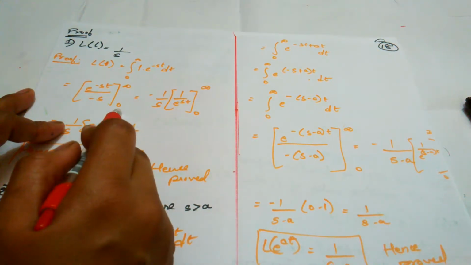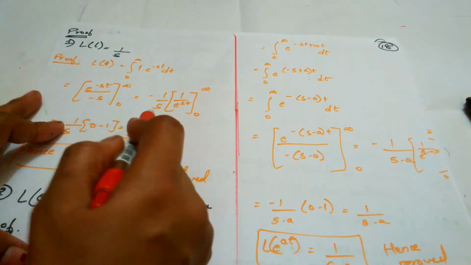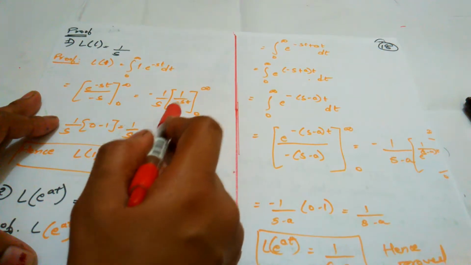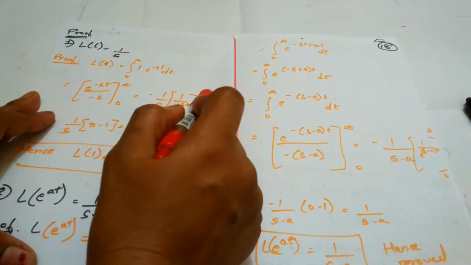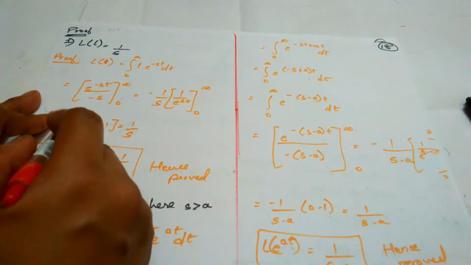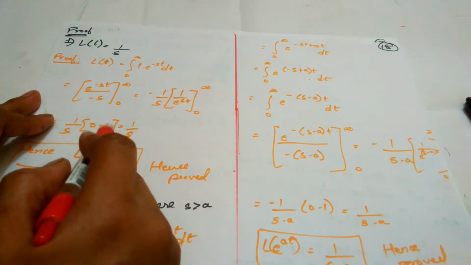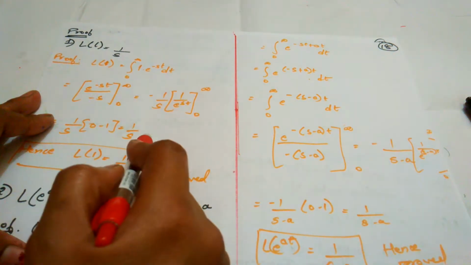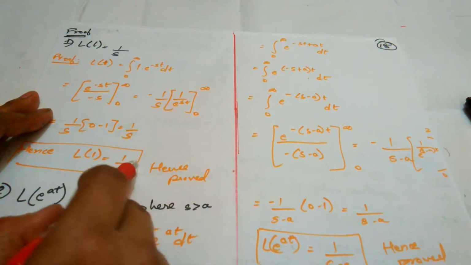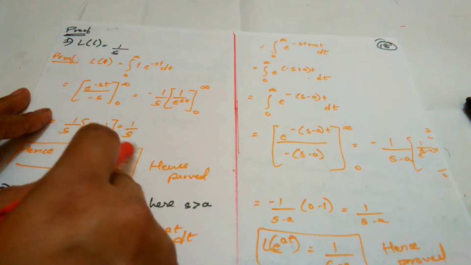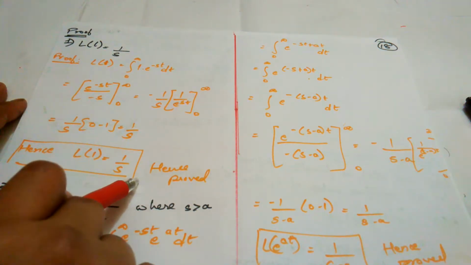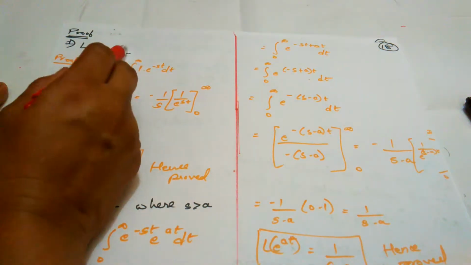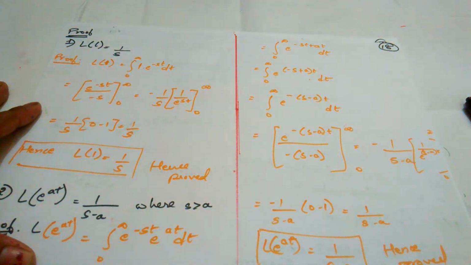So minus 1 upon s comes out, 1 upon e raised to st, from 0 to infinity. So we are getting 1 upon s times 0 minus 1, which is equal to 1 upon s. Hence, L of 1 is equal to 1 upon s. So we have given the proof for L of 1 is equal to 1 upon s.